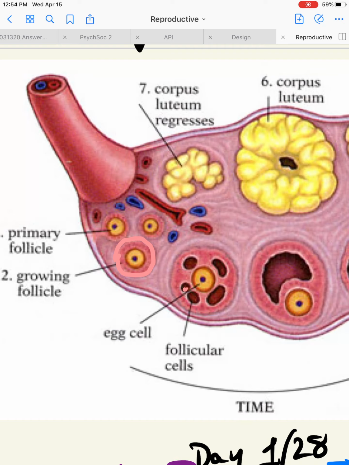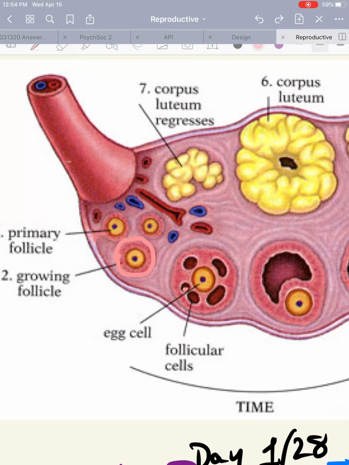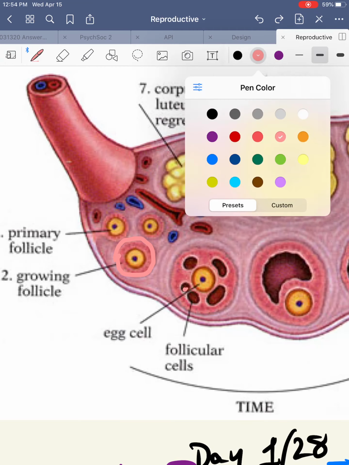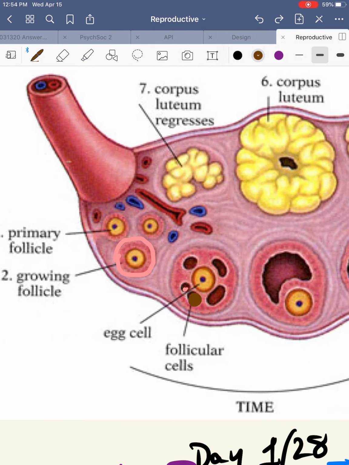And what happens here is that these follicular cells that I have drawn for you over here are going to bind onto a hormone called follicle stimulating hormone. And it's going to cause the follicular cells to grow in size.